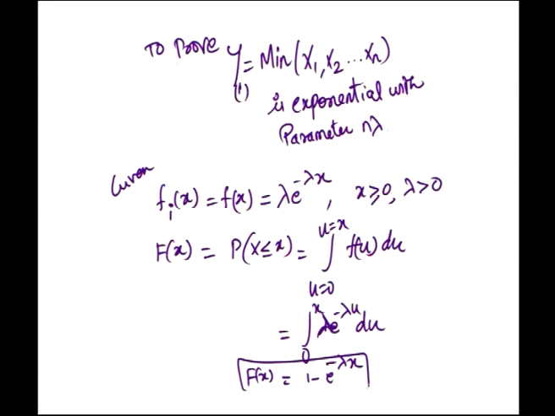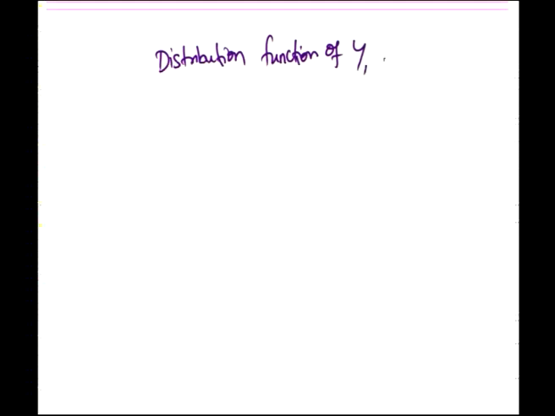Okay. Then the distribution function of y1, we have to consider now. G of y1 is equal to, what is y1 actually? y1 is the minimum of x1, x2, x3 up to xn.